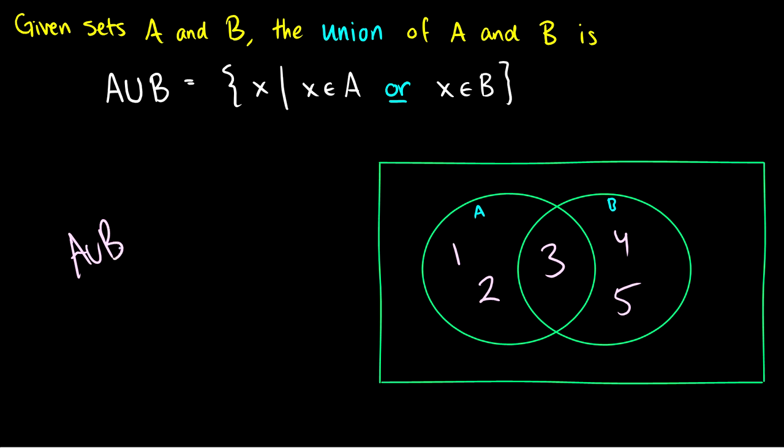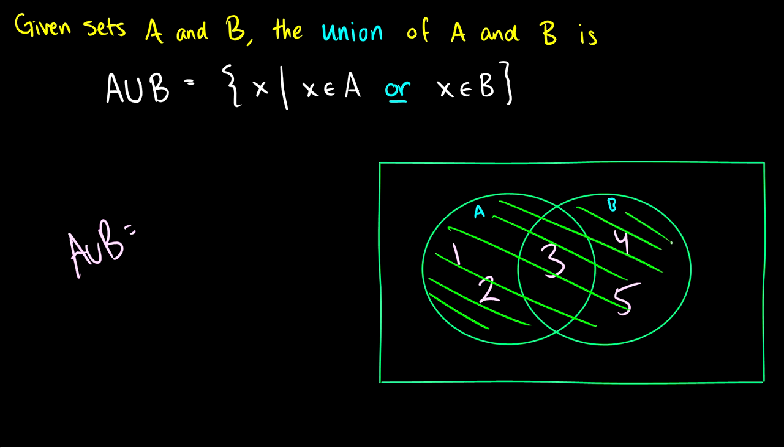So visually, this would look like both of these sets completely covered. So A union B would be the set containing 1, 2, 3, 4, and 5. We could write 3 twice, but remember that repeated elements don't count. But a good way to make sure you're including every element is to just write out all of A and then write out all of B.